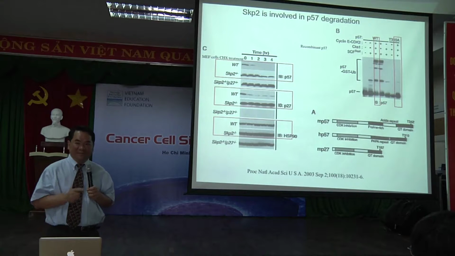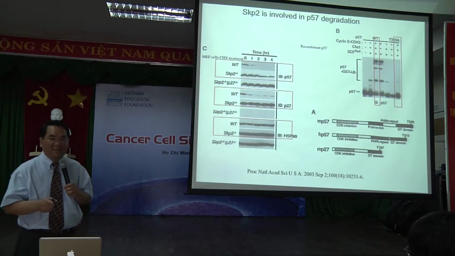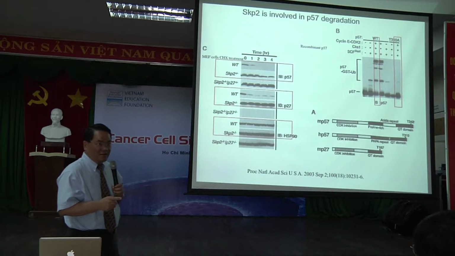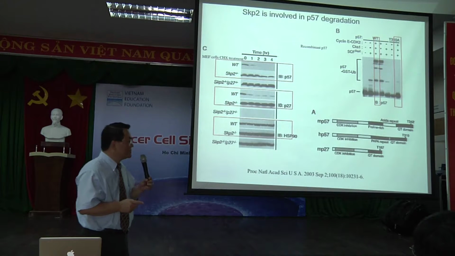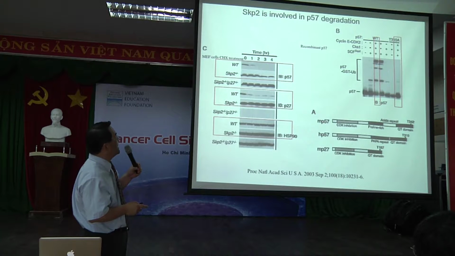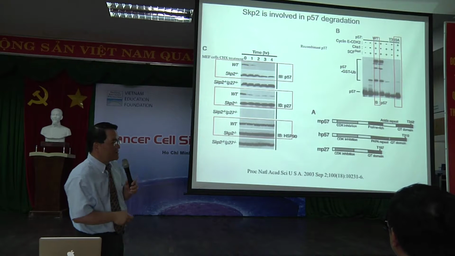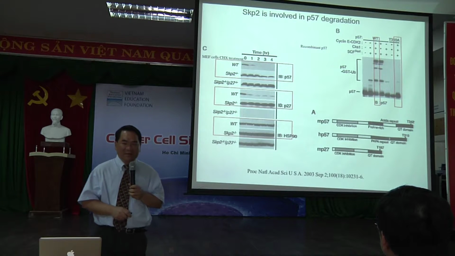So about P57 now. P57 is degraded through the SCF complex as well. And the F-box protein responsible for P57 degradation is SKP2. Here, we do another experiment called the cycloheximide experiment.